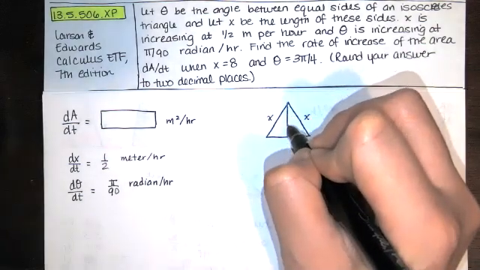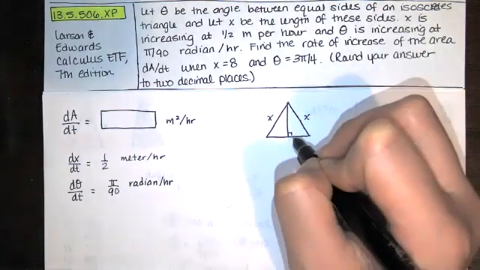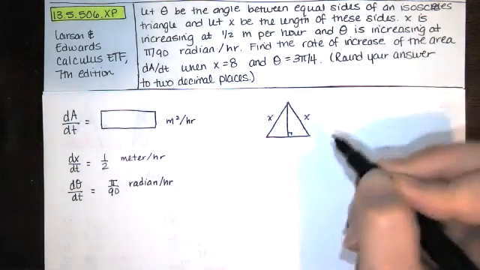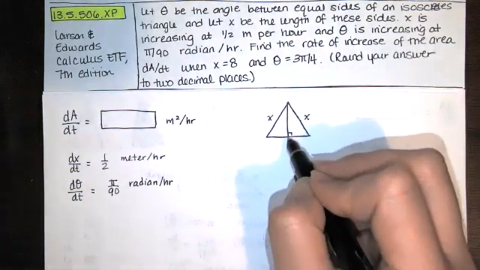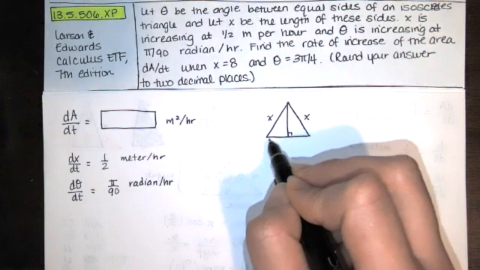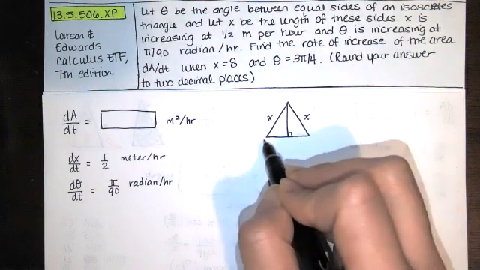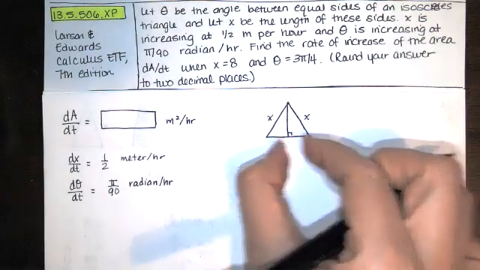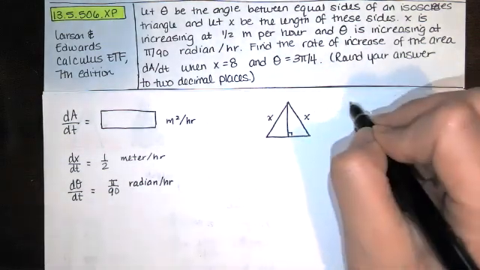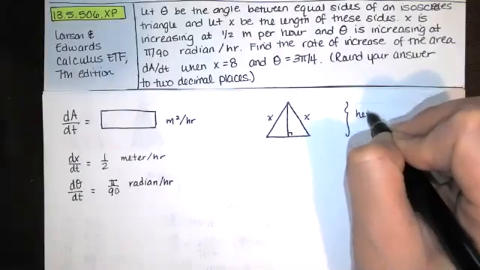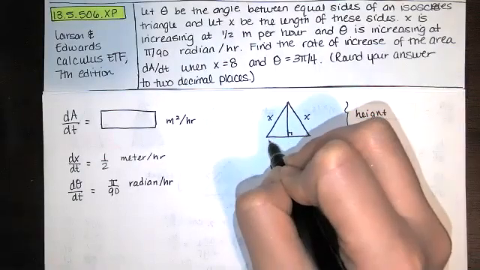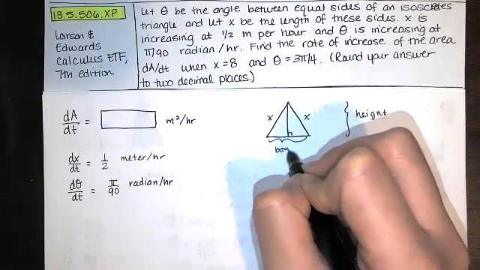So the height of this triangle just goes straight down from that, and that height is going to intersect the base halfway from either side. So this is the height of the triangle, and that's the base of the triangle.